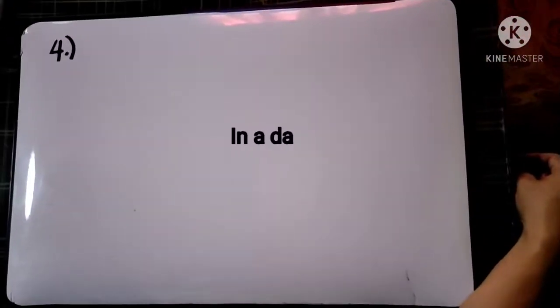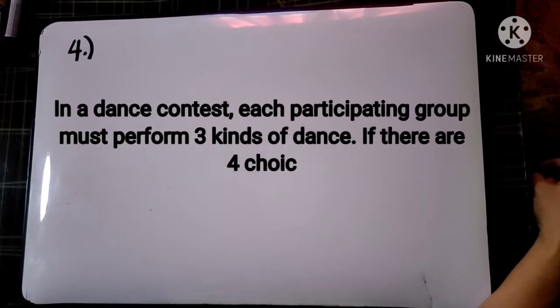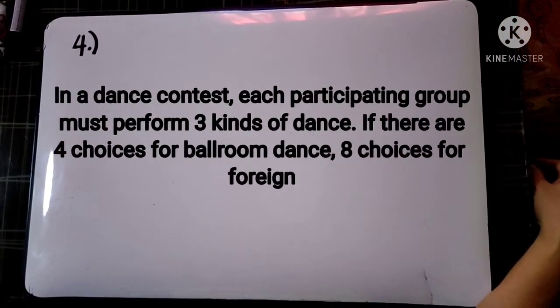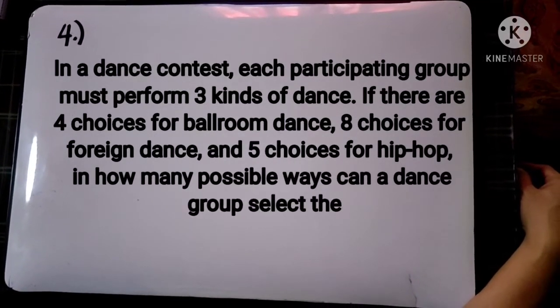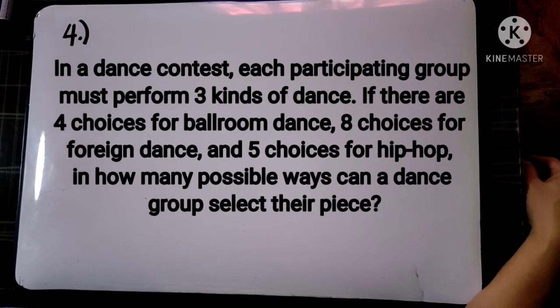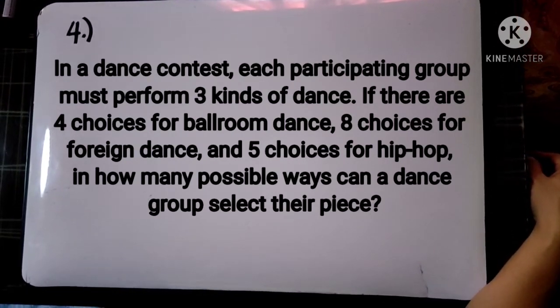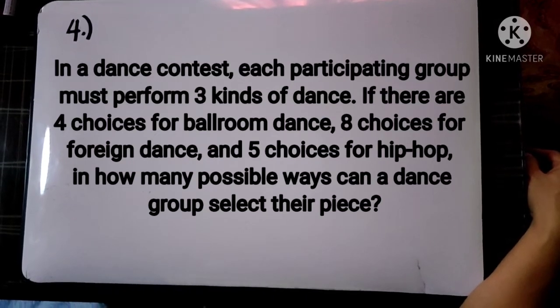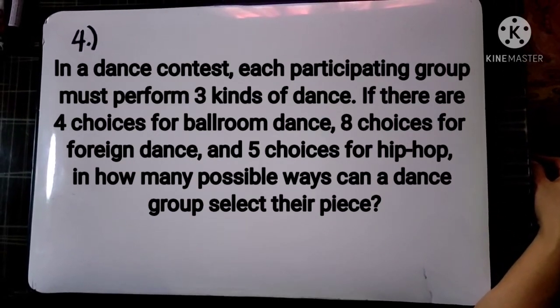Number 4. In a dance contest, each participating group must perform 3 kinds of dance. If there are 4 choices for ballroom dance, 8 choices for foreign dance, and 5 choices for hip-hop, in how many possible ways can a dance group select their piece?